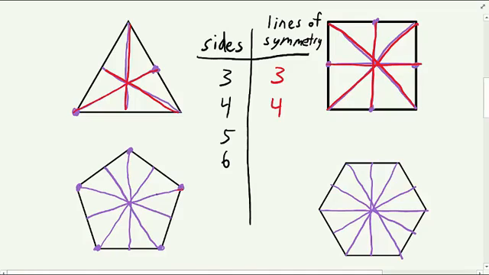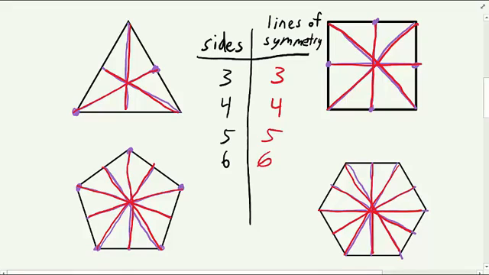The regular pentagon had 1, 2, 3, 4, 5 lines of symmetry. And the regular hexagon had 1, 2, 3, 4, 5, 6 lines of symmetry.